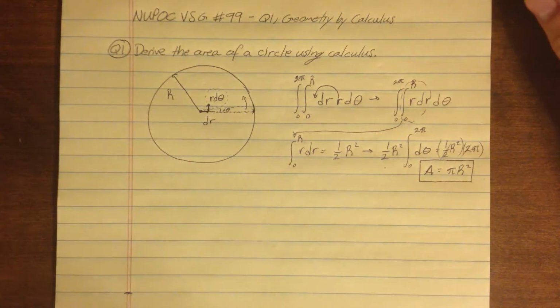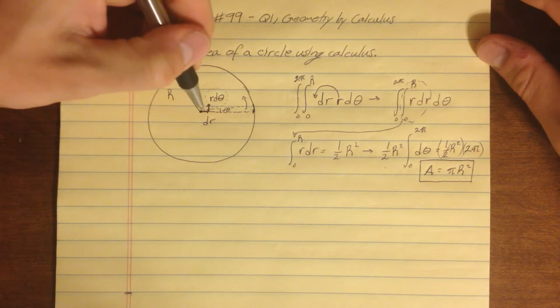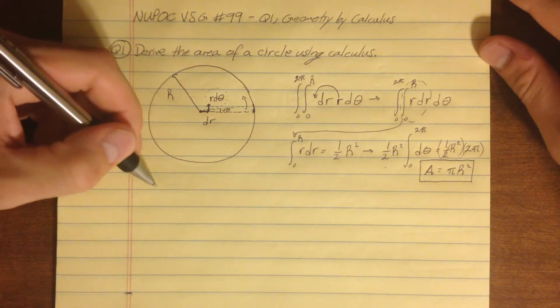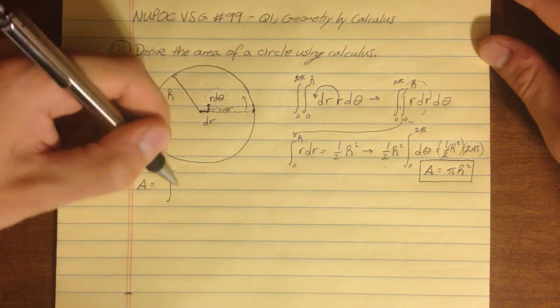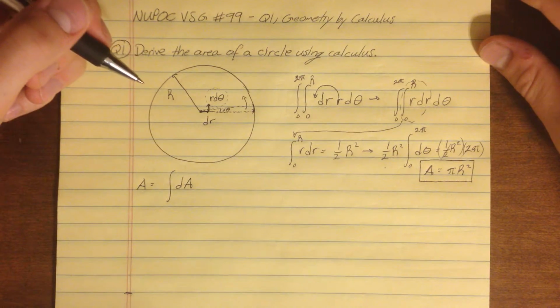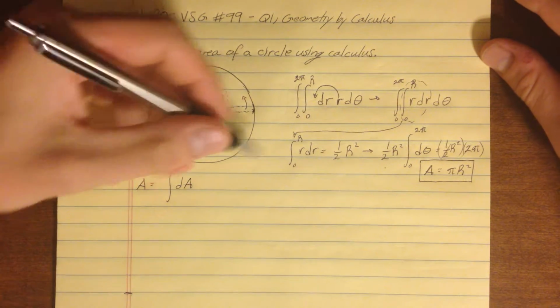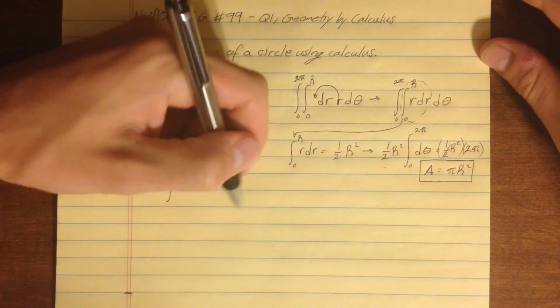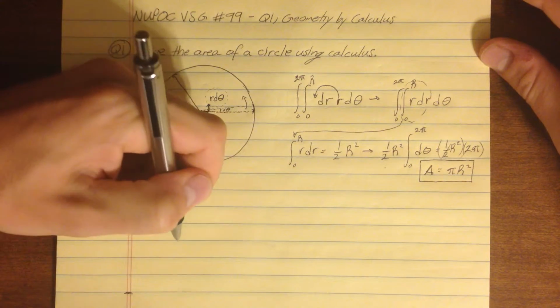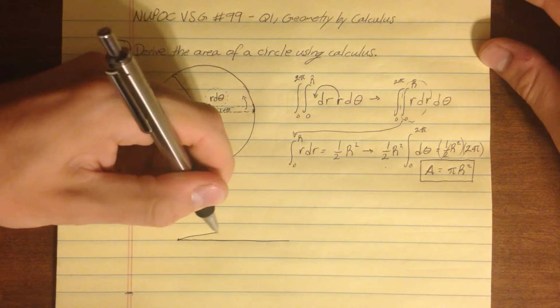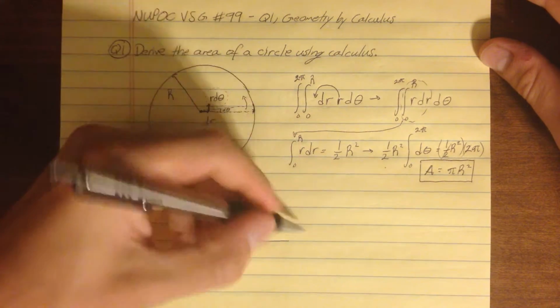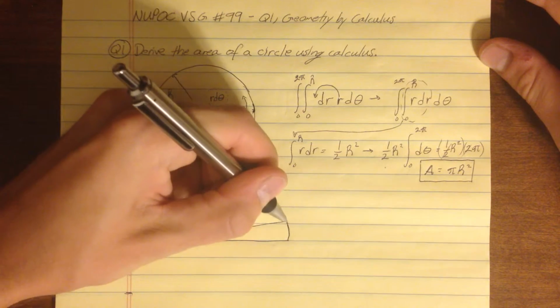Now the other way to think about this is to just find what this differential area is up front, and we can say that area equals the integral of that differential area. So what is that differential area? Well, if we took a little slice of that circle like this, it's almost a little triangle.